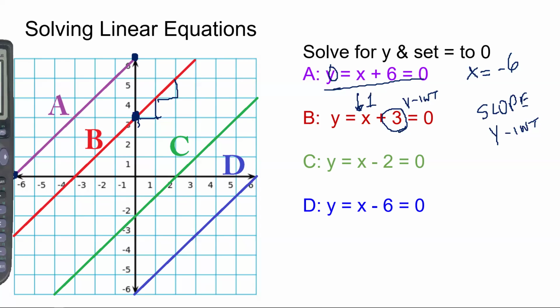C, the only difference is that the y-intercept is now -2. Same slope of 1. So you can see all these lines are running parallel to each other, but now we've pushed it down. Changing that last number, changing the constant determines how high on the graph it rides. And up here it's +6, then +3, and -2.